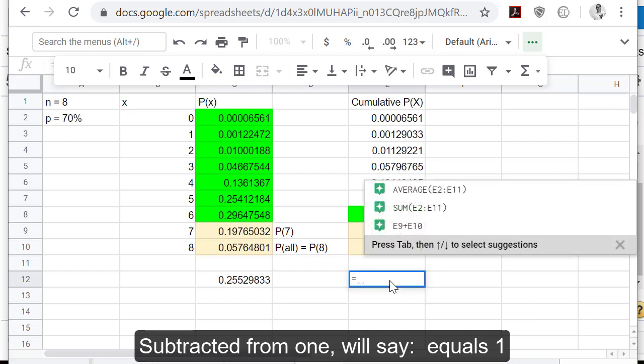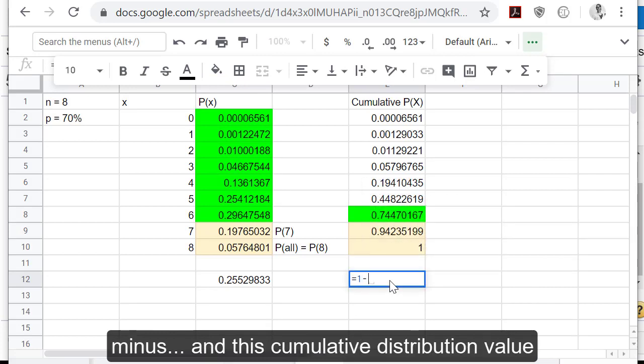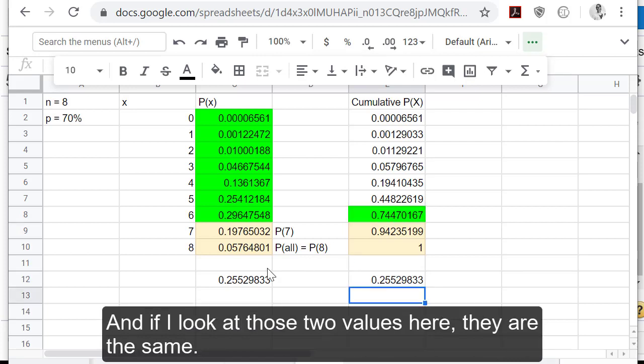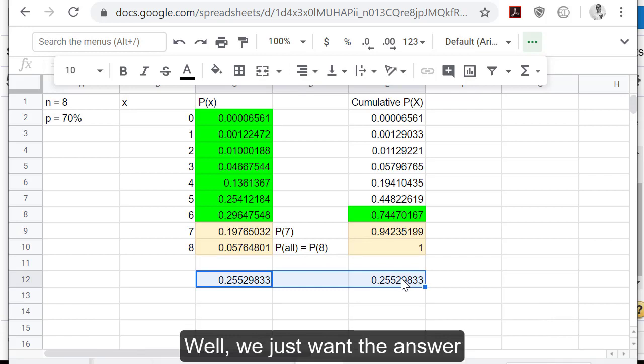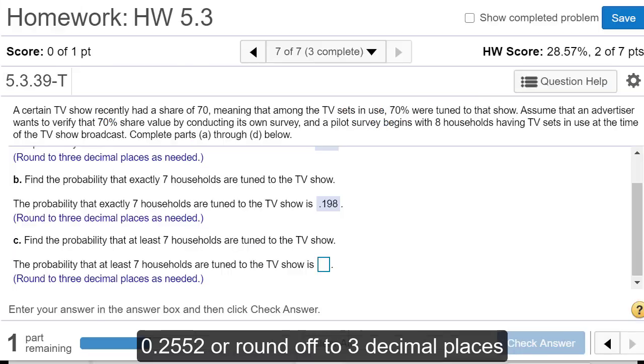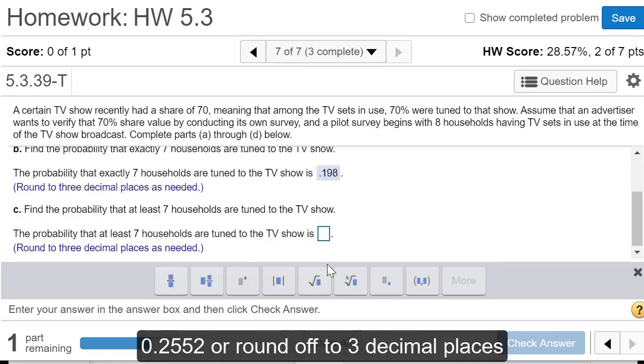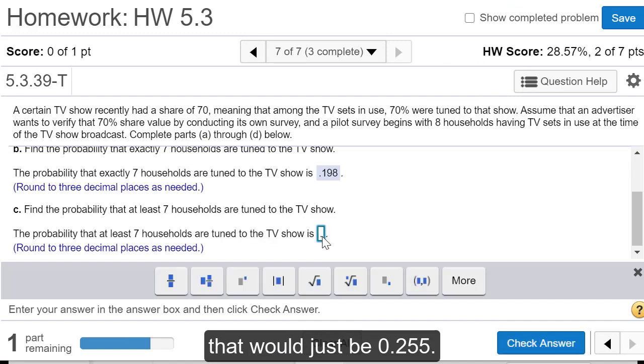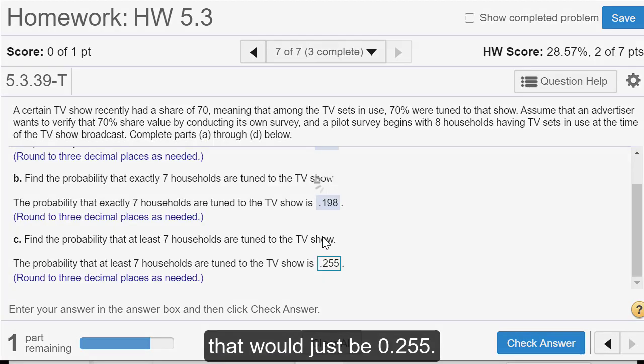We'll say equals 1 minus this cumulative distribution value. And if I look at those two values here, they're the same. Well, we just want the answer, 0.2552, or rounded off to 3 decimal places, that would just be 0.255.